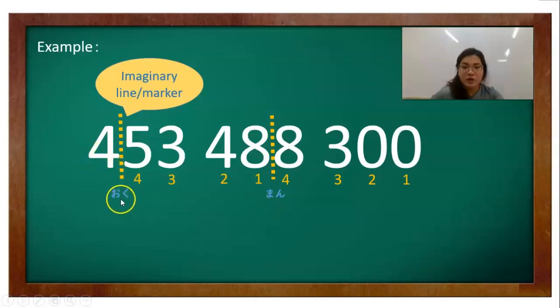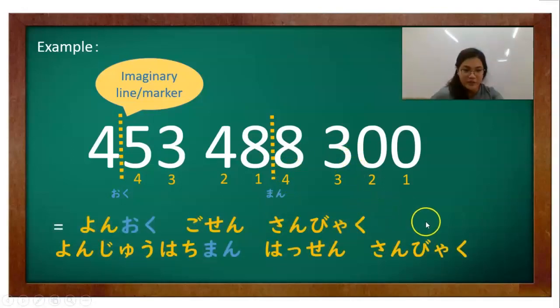Yon oku, gosen, sanbyaku, yonjuu, hachi man, hassen, sanbyaku. So this is how you're going to read this number. This is the value. Yon oku, gosen, sanbyaku, yonjuu, hachi man, hassen, sanbyaku.